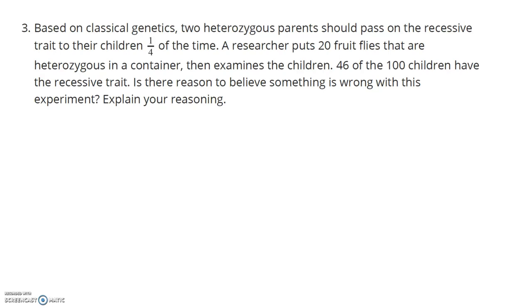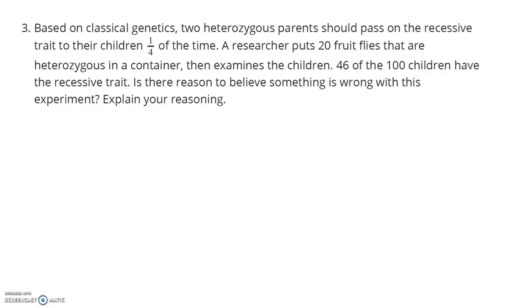And that's that. But what continues is what matters. It says that they're going to examine their children. So now you have that 100 children were selected out of those 20 fruit flies. And I don't know if children is the best way to name these, but whatever they say.